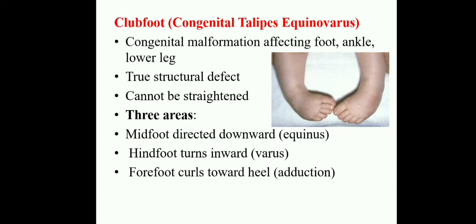There are three areas. First, the midfoot is directed downwards, which is called equinus. Second, the hindfoot turns inward, which is varus. Third, the forefoot curls towards the heel, which is adduction. In metatarsus adductus the forefoot is not involved in this way, but here there is adduction in the forefoot.